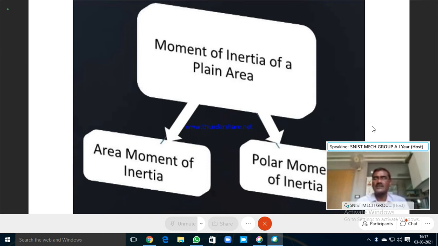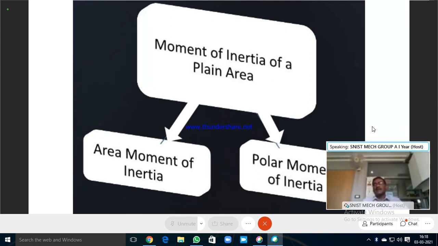That you have to understand very clearly. Moment of inertia of a plane area about an axis which is in the plane of the area is called area moment of inertia, and about an axis perpendicular to the area it is called polar moment of inertia.